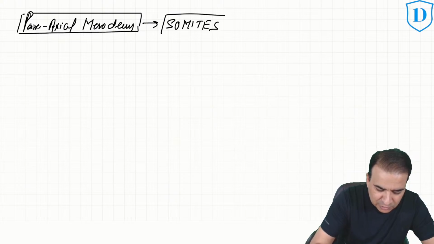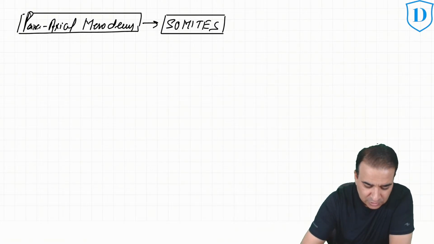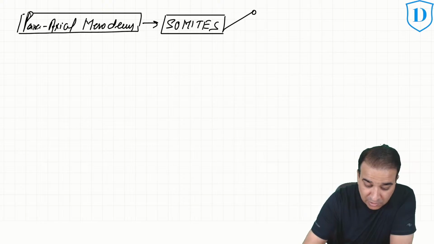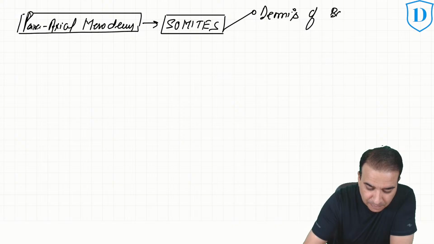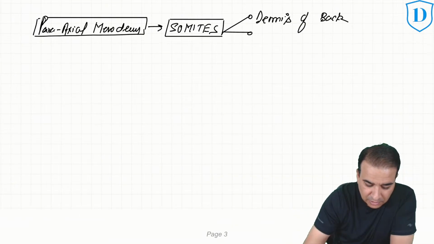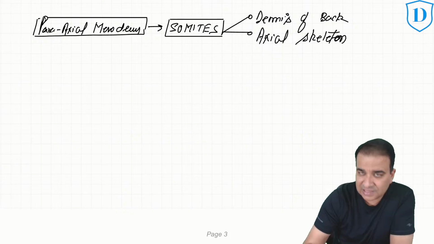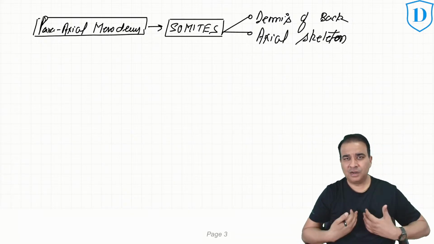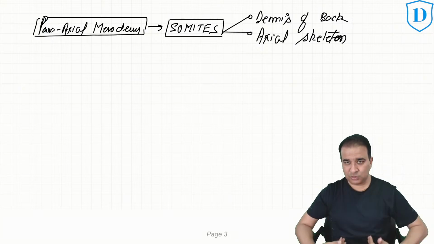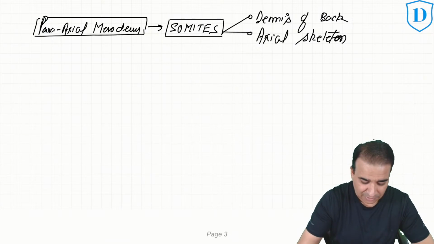Thickening of the paraxial mesoderm will give rise to somites. And the derivatives of somites: number one, the dermis of the back. Number two, the axial skeleton. Axial skeleton means ribs, sternum, vertebral column. The skeleton of your midline, the axial skeleton, is formed by these somites, which are basically paraxial mesoderm only.